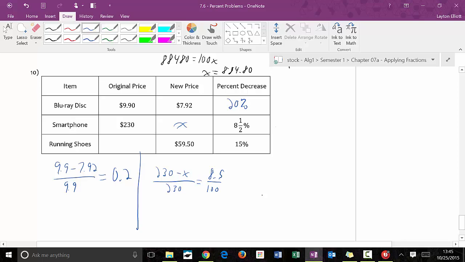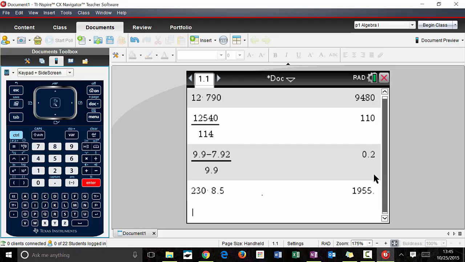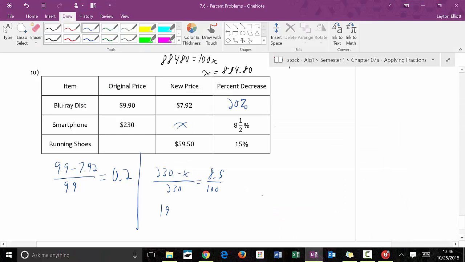Then I want to do 8.5 times 230, which is 1955. So I have 1955 equals 23000 minus 100x.